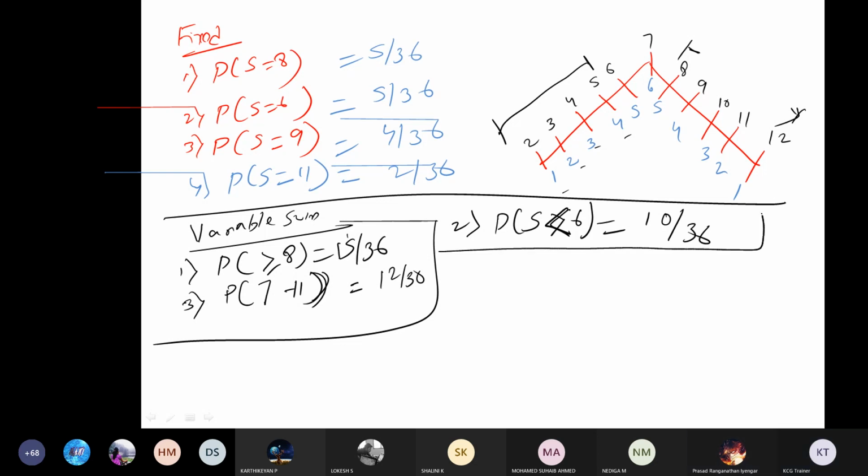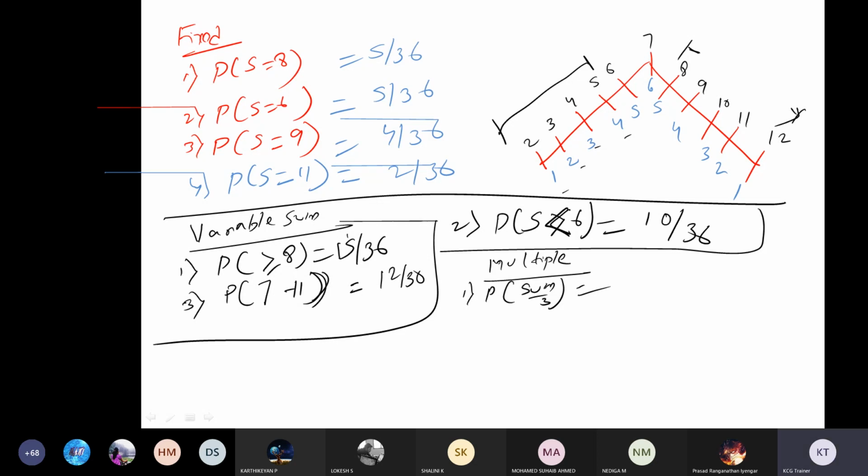Yes, sir. Come to the last one, that is multiples. Probability of sum divisible by 3. Now tell me, what are the multiples of 3 which are possible from 2 to 12?